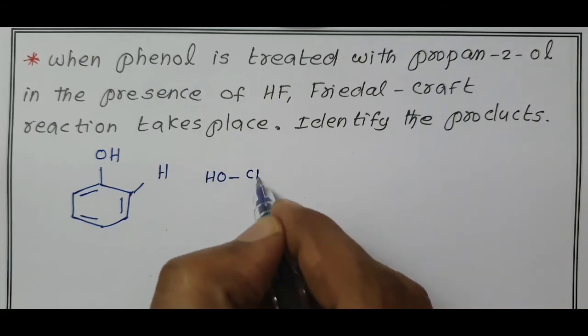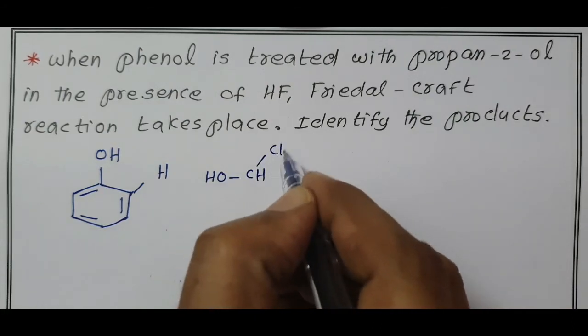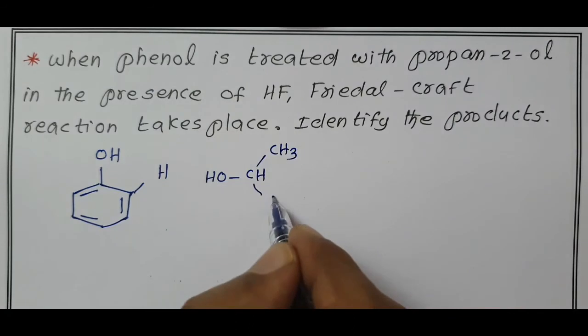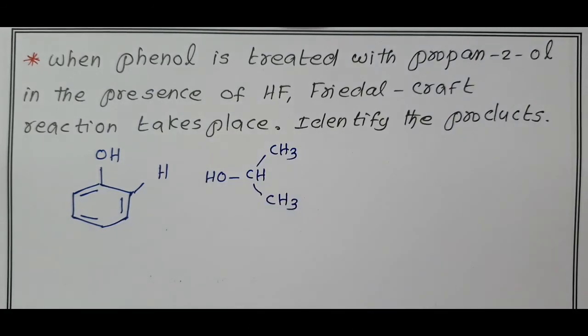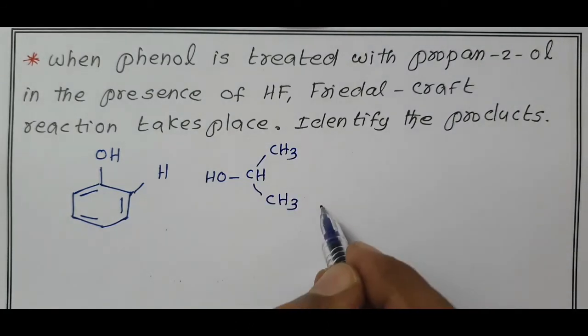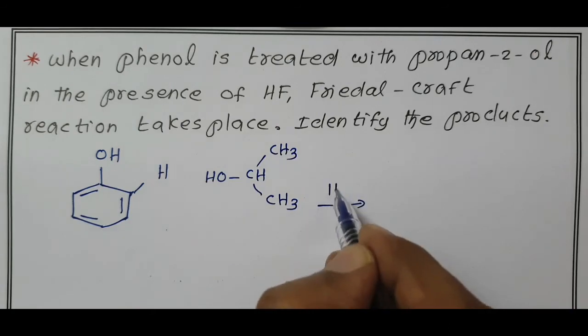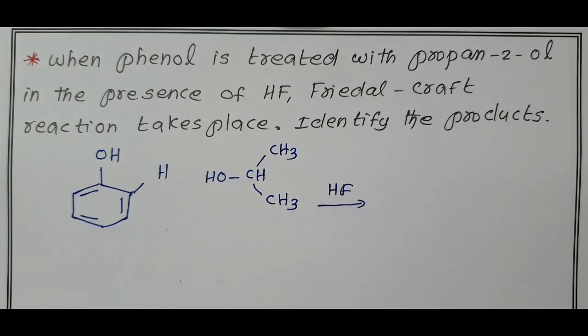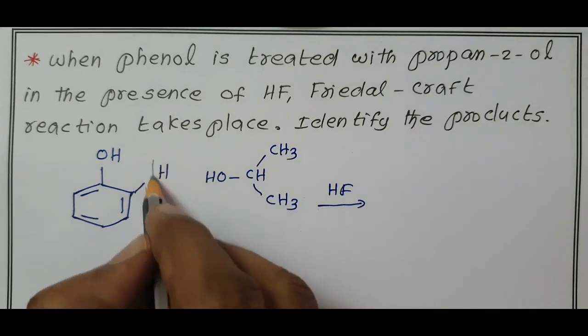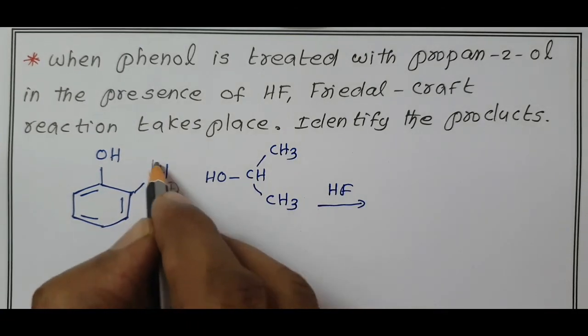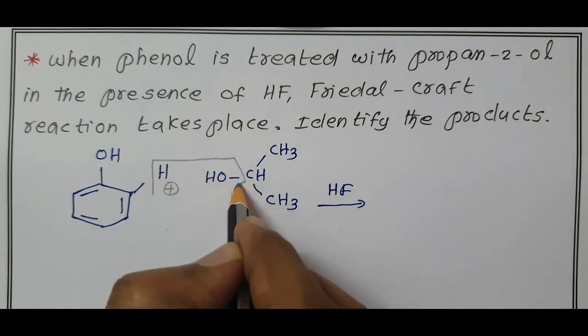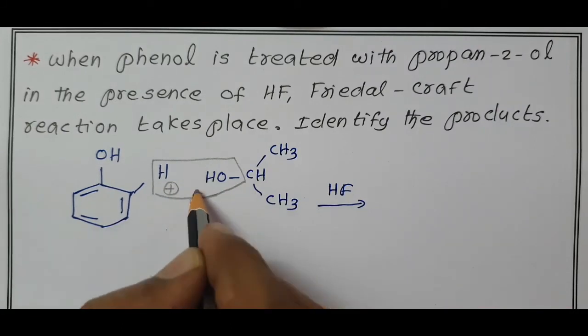OH is attached to the center carbon. This is one isopropyl alcohol. Now this reaction takes place in the presence of hydrofluoric acid. One H plus and OH minus is removed as H2O.